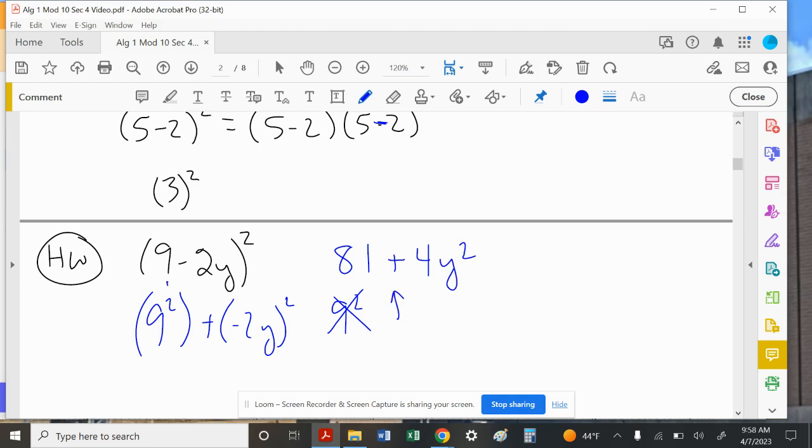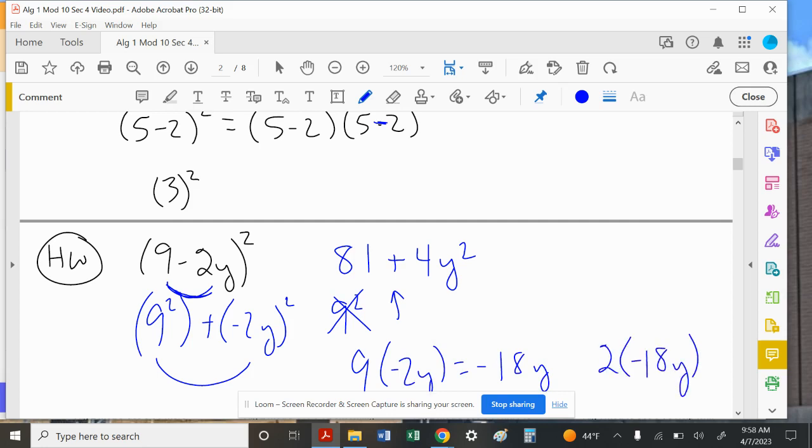To get the middle term, I multiply these two together. So see here, 9 and this negative 2y. So I multiply 9 times negative 2y. That gives me negative 18y. And then as I said above, we multiply that answer by 2. Doesn't matter what the answer is, we always multiply it by 2. So I get negative 36y when I multiply that.